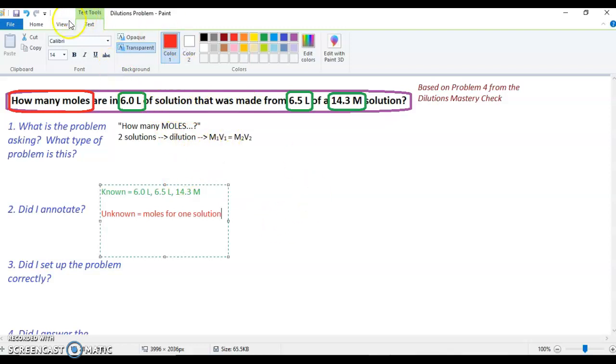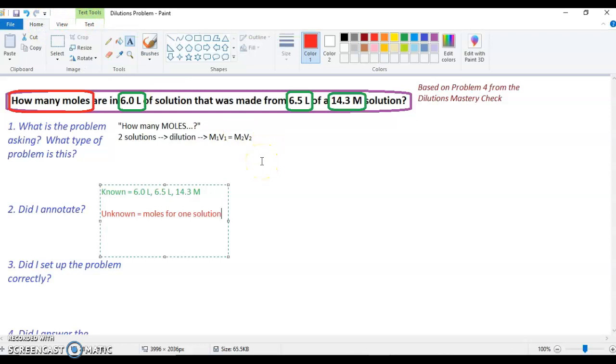So in order to do so, I'm going to look back to the original problem. It's asking me how many moles are in 6.0 liters of solution that was made from, and that's what I want to highlight. Let's see that in orange. Made from 6.5 liters of a 14.3 molar solution.